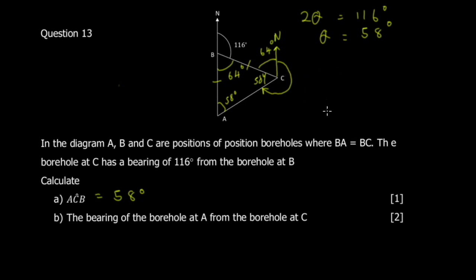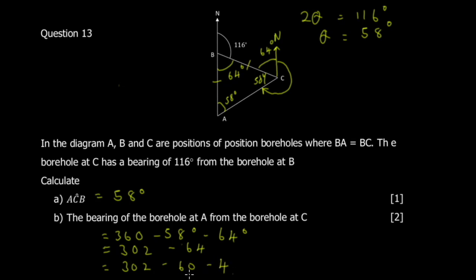So afterwards, the bearing would be equal to 360 minus 58 minus 64. So here you would have 302, and this gives you 302 minus 64. Then you can say 302 minus 60, then minus 4.